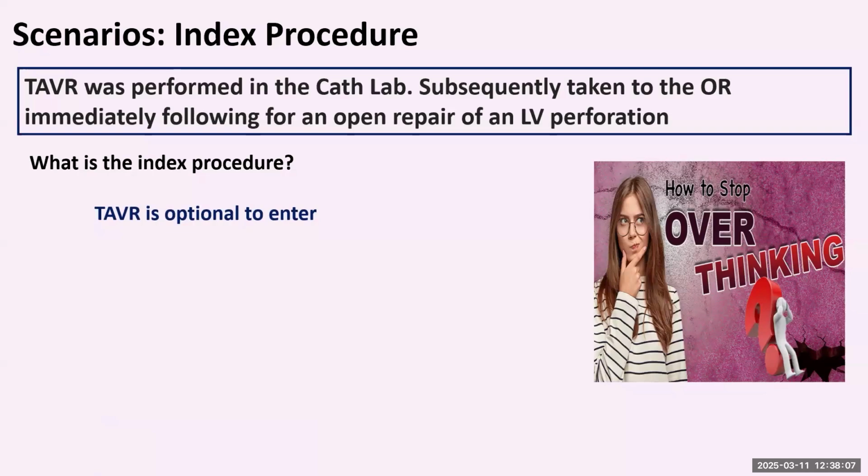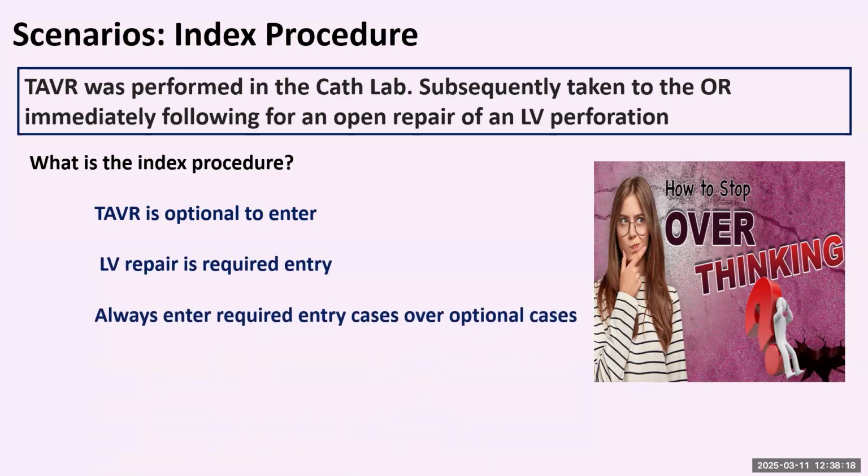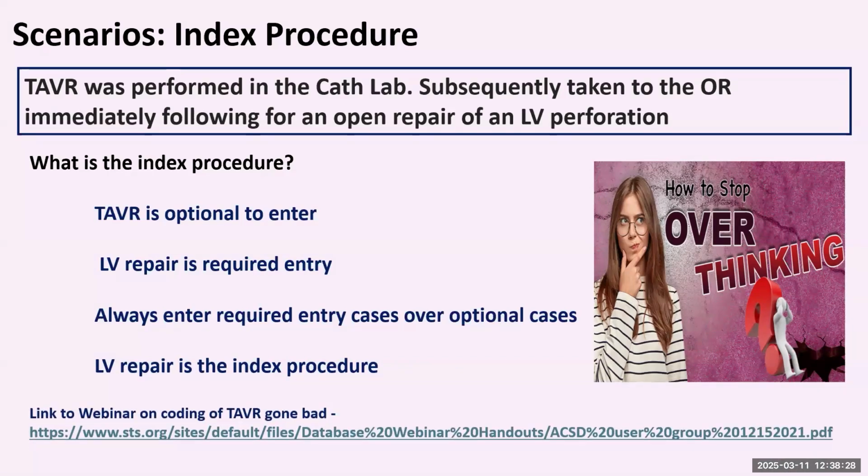Okay, so TAVRs are optional to enter. You don't have to enter them in our database. LV repair is required. Always enter required cases over optional cases. So the LV repair is your index procedure. The TAVR is going to be a prior CV intervention.